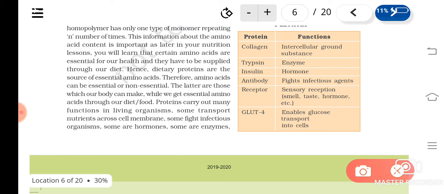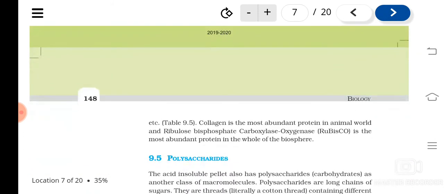Some are hormones, which are proteinaceous in nature, and most of the enzymes are proteins. Clear? Likewise they do a number of functions, structural functions and different physiological functions in our body.